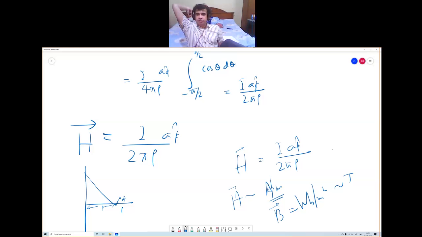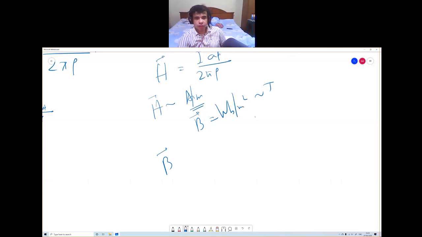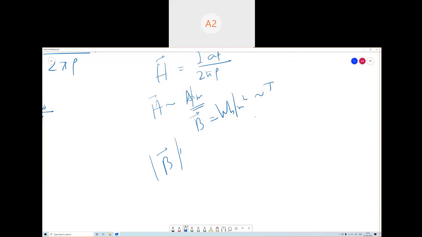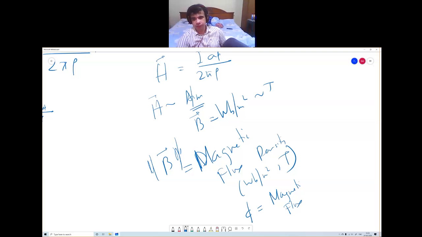Its unit, as we just said, is amperes per meter. B is called magnetic flux density. Absolutely right. So why didn't you tell me when you know the answer? Its unit is Weber per meter square or Tesla, both are very popular. And magnetic flux is phi, which we will see later when we discuss electromagnetic induction in great detail.